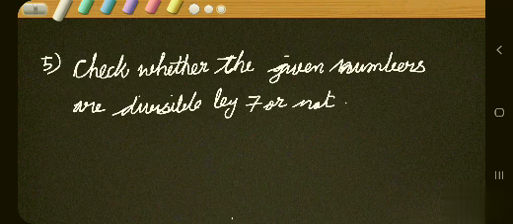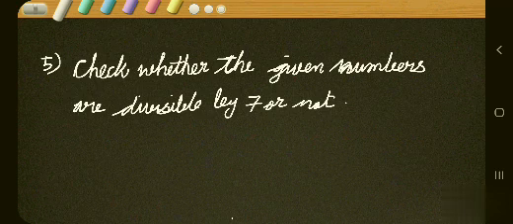Okay, what is the rule of divisibility by 7? Do you remember what we have to do? It consists of 2 steps, isn't it? First step, we have to find out the last digit of the given number and multiply it by 2, last digit into 2. Don't write, just listen.